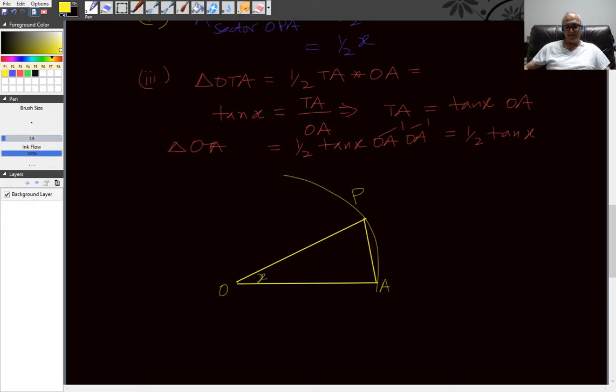Here is our angle x. And then in blue, let me draw the sector. And then in red, let me draw the third triangle.